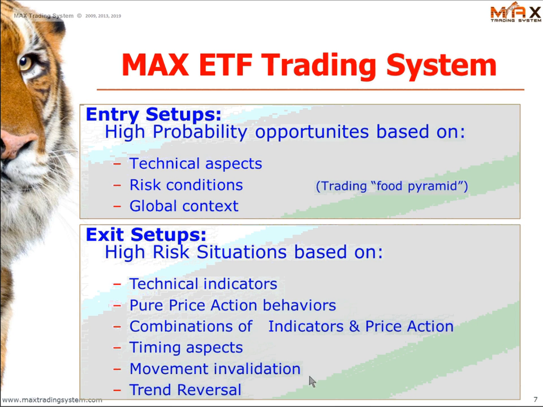And then we have the concept of the movement invalidation. Because we trade movements inside trends, when the movement itself makes no longer sense to be traded, we close the corresponding trade. And so we have rules to define when we have a movement invalidation. And of course, when we consider a trend reversal, with our companion indicator, we can say when the trend is reversing.